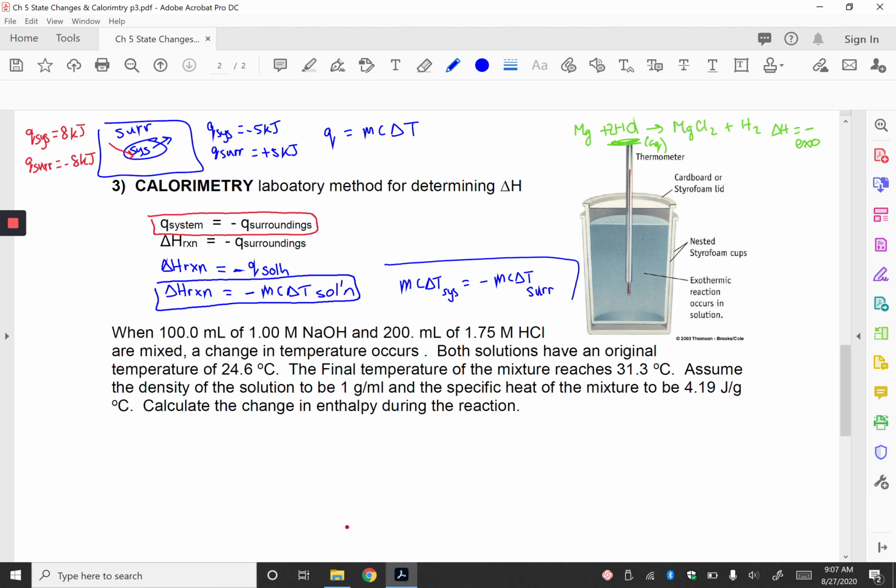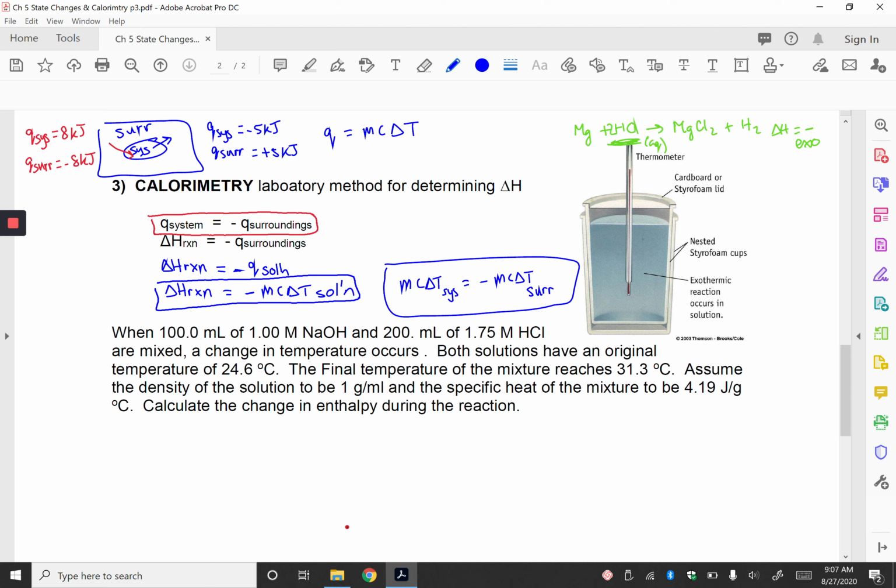When would I use this one? That's if I take like a piece of copper, like a hot copper penny, and put it in water, and I want to calculate like C or M or something like that for my system. We did this last year with the hot copper penny lab. So you use this one where you break both of them up when you are solving for M or C or one of the temperatures. You use this one when you are solving for delta H, which is Q of your system.